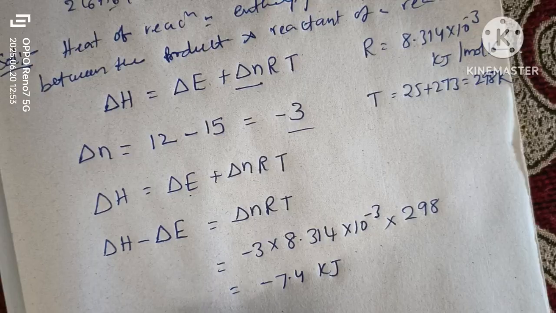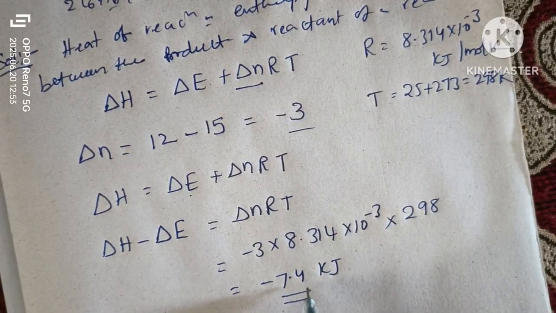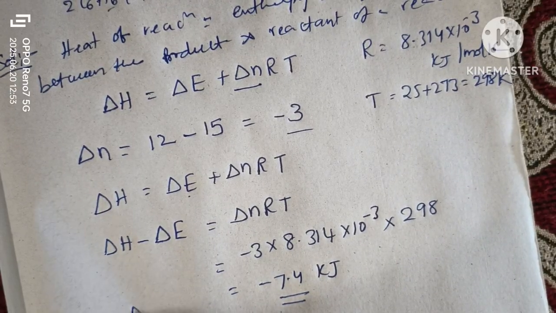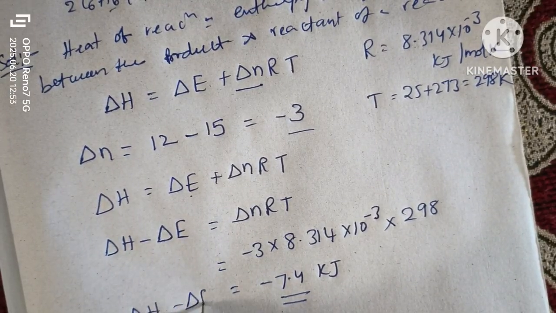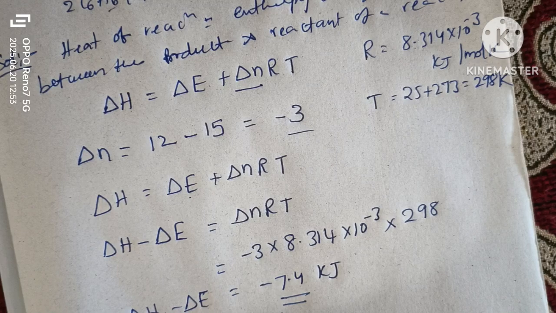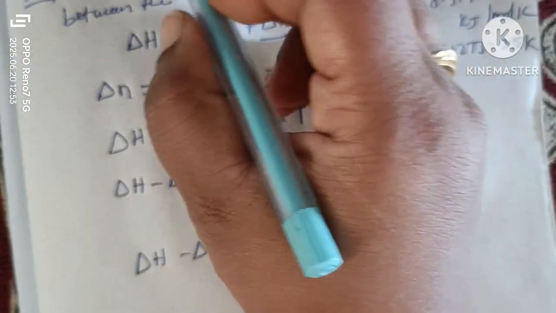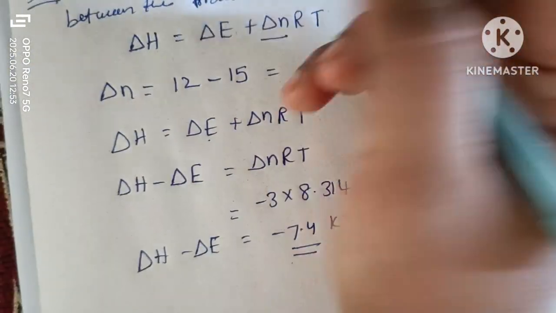That is delta H minus delta E. What is this difference called? Heat of a reaction. Delta H minus delta E is what they asked us to solve. Okay, thank you.